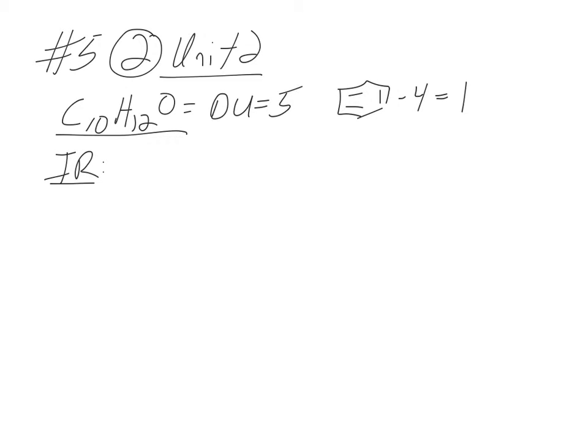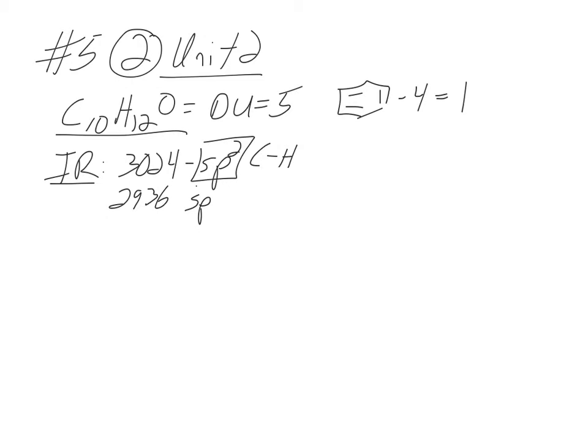what does the IR tell us? We have peaks at 3024. That should tell us probably sp2 hybridized CHs. A peak at 2936 should tell us sp3 CHs.